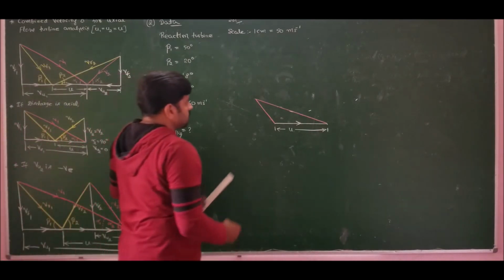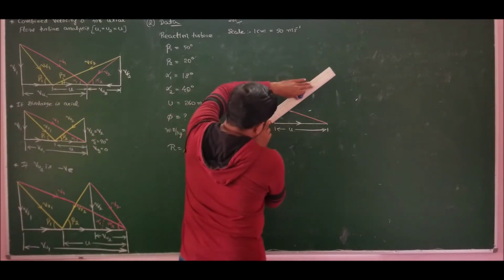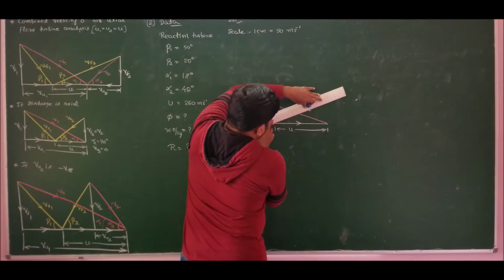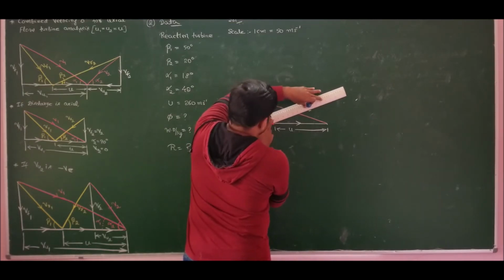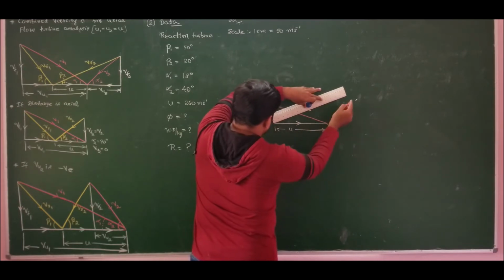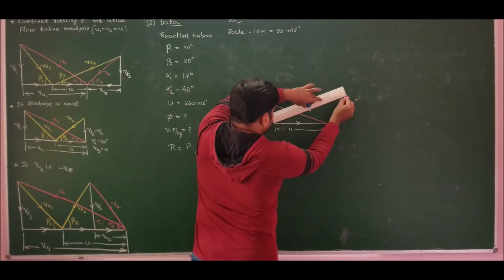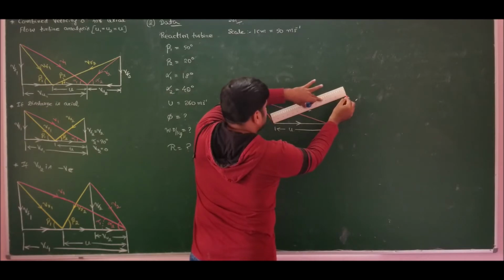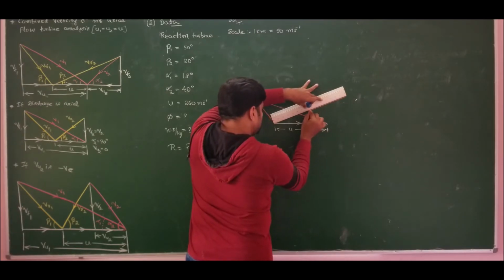Similarly, beta 2 is already marked for an angle of 20 degrees, so draw an unknown length VR2 at the angle of 20 degrees which is given to us.